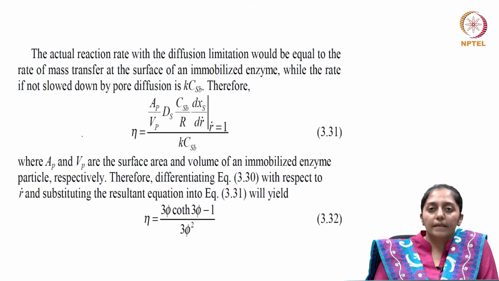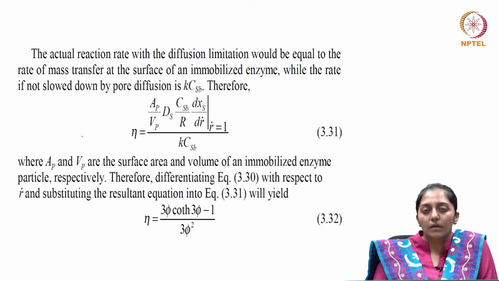Now, in order to find an expression for the efficiency factor in such a system, the efficiency factor, if you remember, is the ratio of the actual reaction rate to the reaction rate without diffusional limitations. So, without diffusional limitation would mean maximum mass transfer.